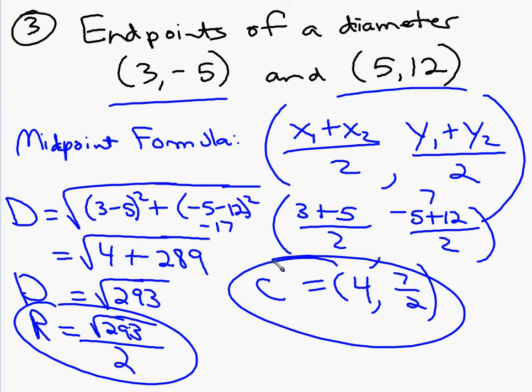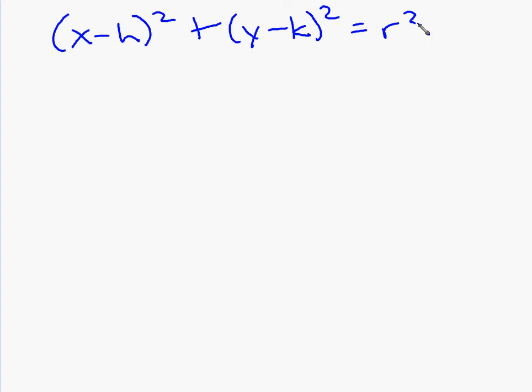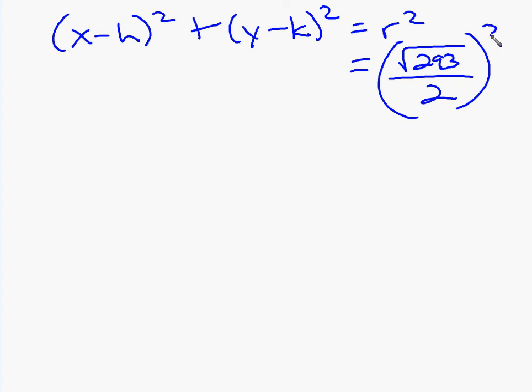All right? So when that happens, x minus h quantity squared plus y minus k quantity squared equals r squared. This radius is kind of ugly. It's the square root of 293 over 2, and that thing is squared. Well, when you square a square root, the square root goes away.